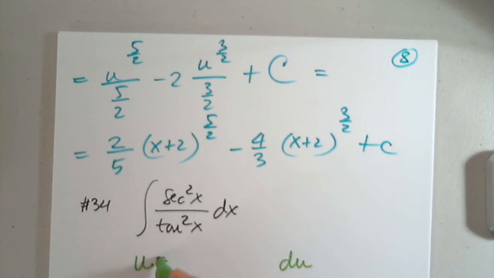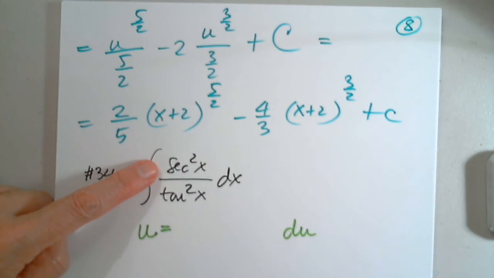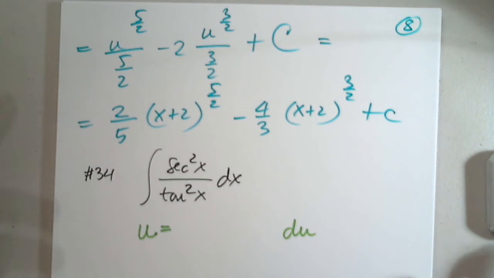So what are the options? You can say use u to be secant, but then I'm in trouble, because secant prime is secant tangent. What do I do with that? How do I get du?